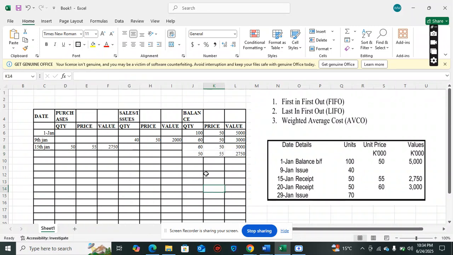Each time there's a purchase, you need to separate your inventory like this.